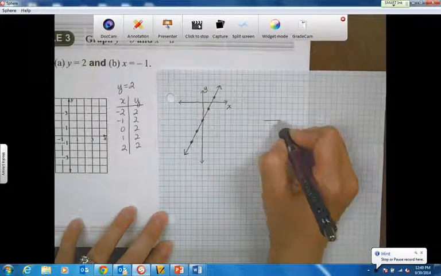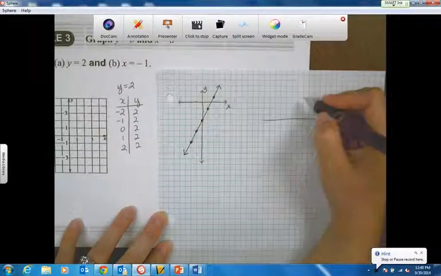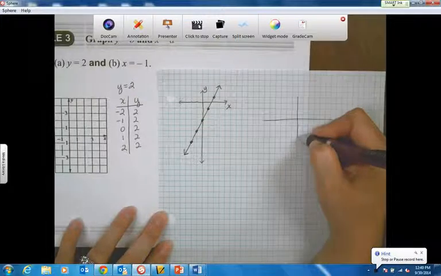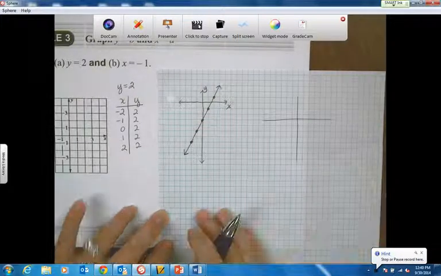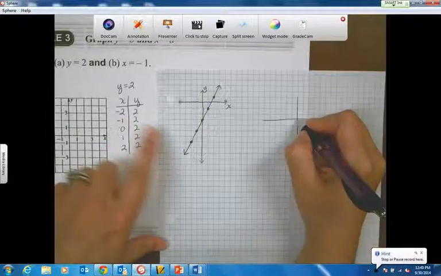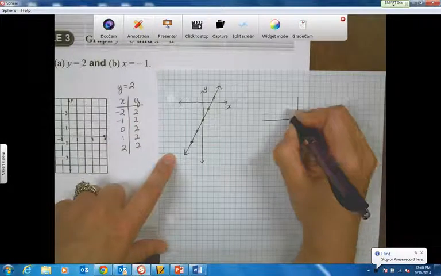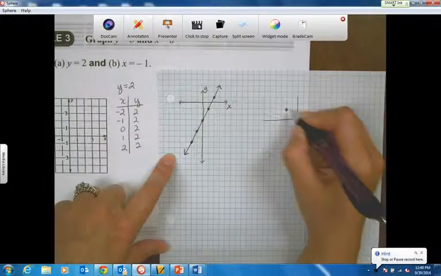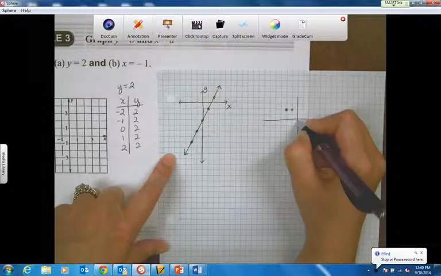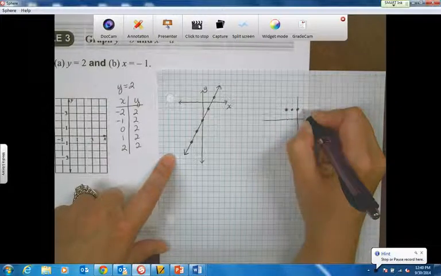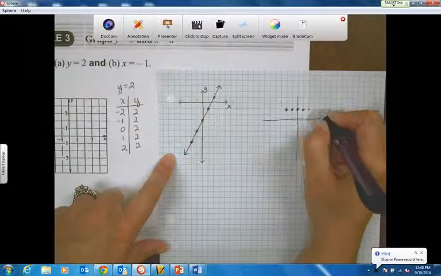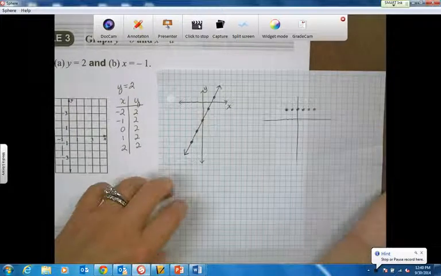So over -2, up 2. Over -1, up 2. Over 0, up 2. You should notice the pattern. Very good. Okay? So this will make a horizontal line because it's always going to be 2.